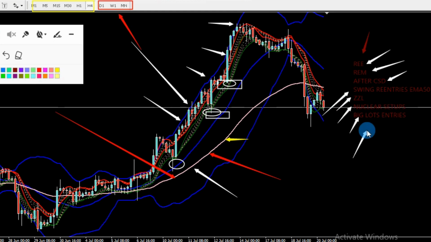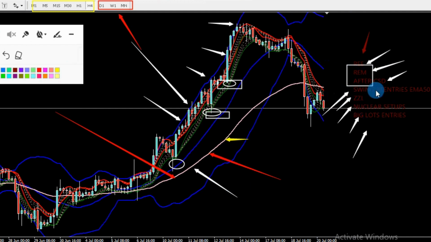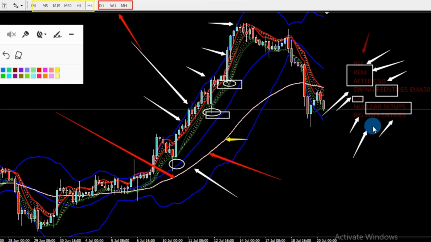So my suggestion is to clear all the confusion. First of all, you need to choose a few codes, REE or REM, or after the CST, or both. Then when you are making money with that, go to swing re-entries, then after that zero zone loss, nuclear setups, big lots.